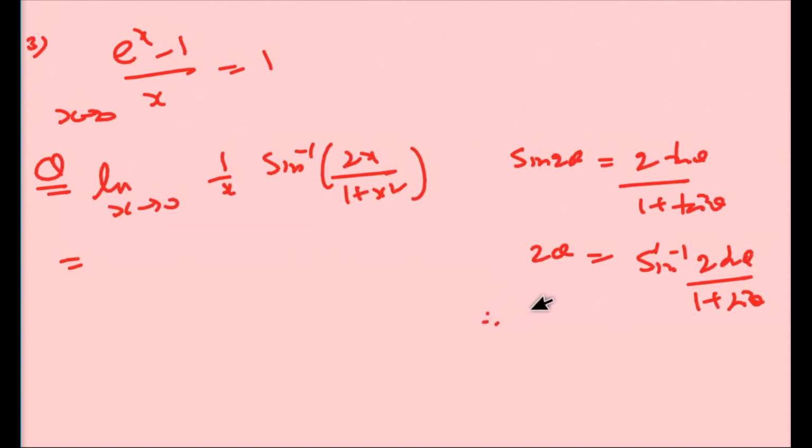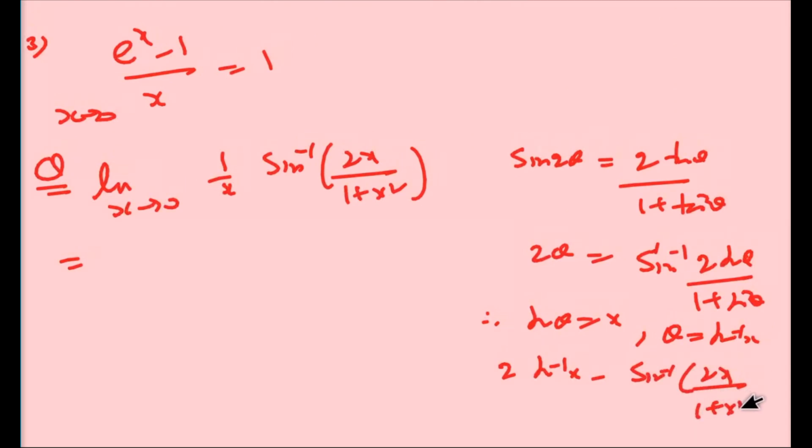Now if tan theta equal to x, then theta equal to tan inverse x. So putting here, 2 tan inverse x equal to sine inverse of 2x upon 1 plus x square. Now using this formula, we can evaluate this question easily.